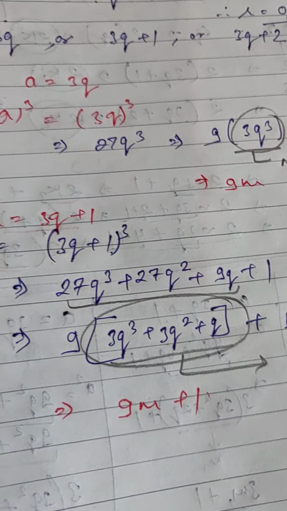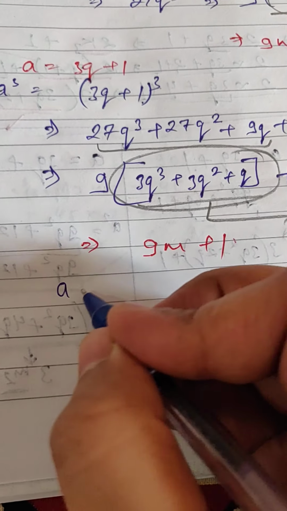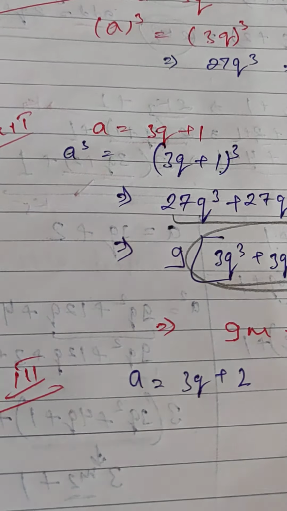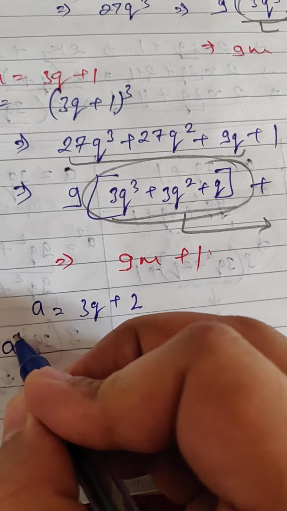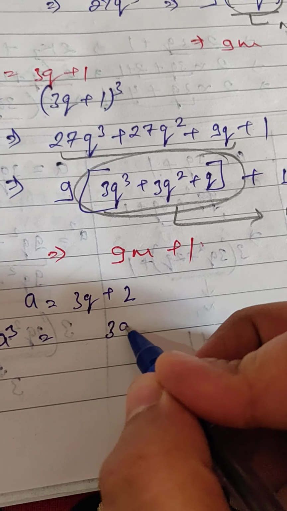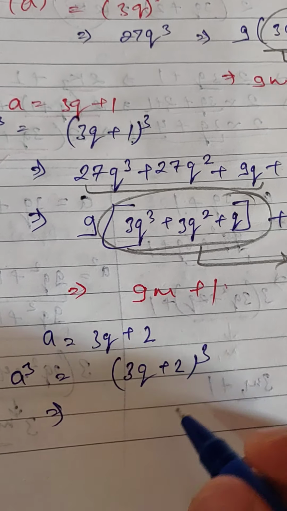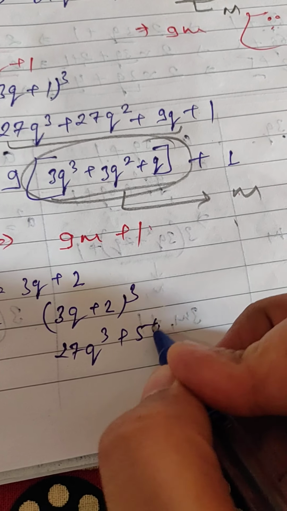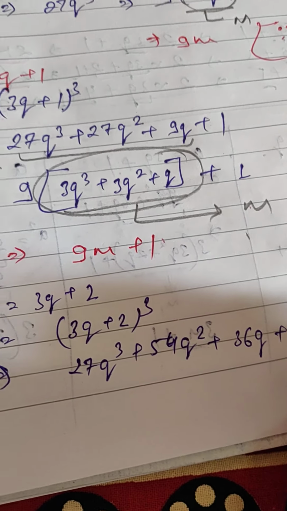Now case 3, when a is equal to 3q plus 2. Well, you know how to proceed now. You need to do the cube of it. So this will be (3q plus 2) whole cube. Now I'm writing directly this time, 27q cube plus 54q square plus 36q plus 8.